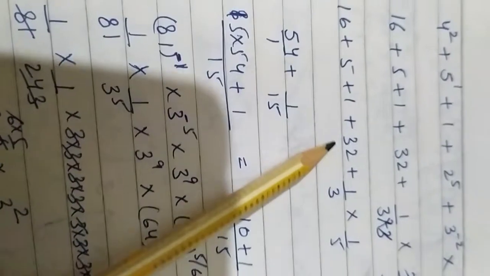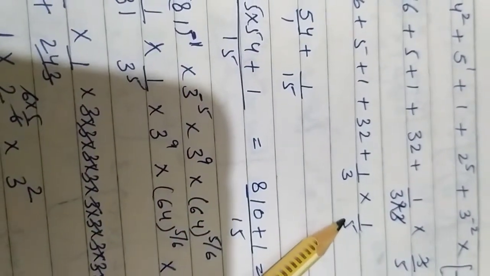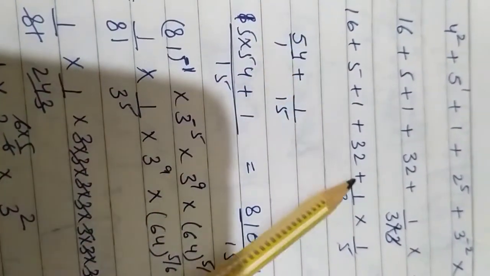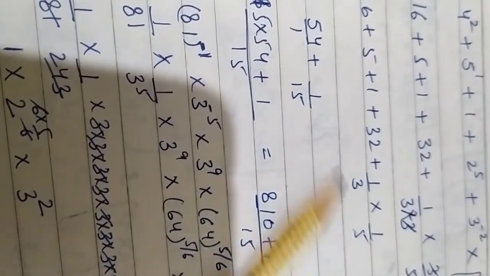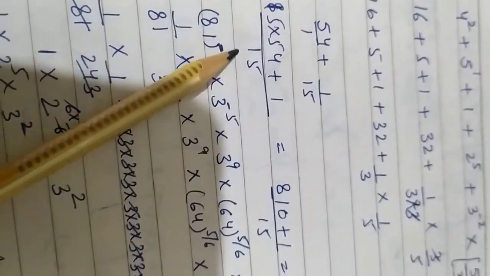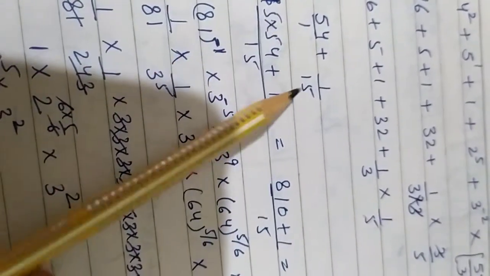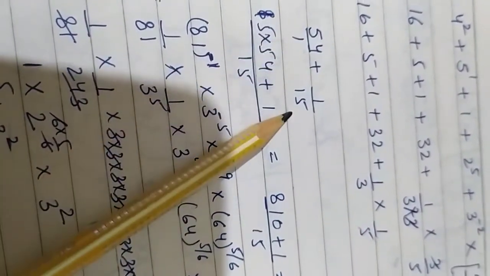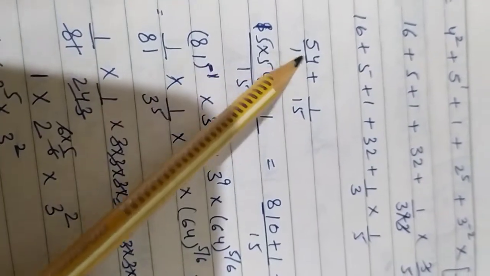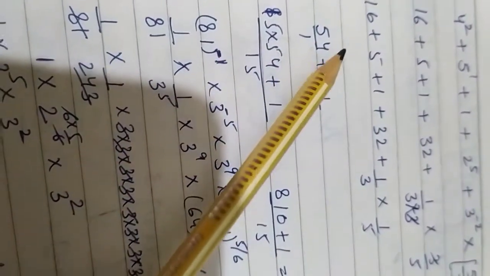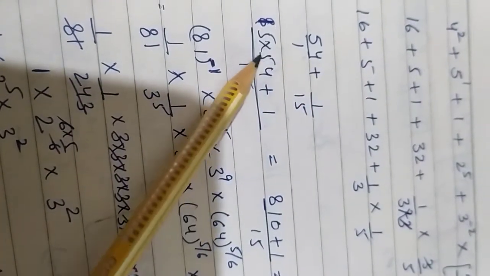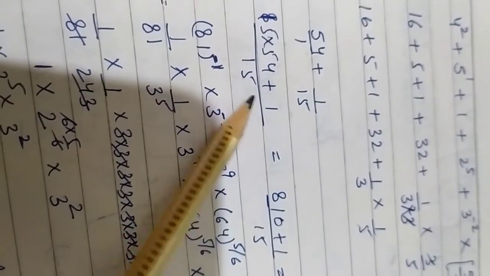So these are all in plus and this is in multiplication, so we will add these all. This is 54, and this 1 upon 3 into 5 is 1 upon 15. Now we will take the LCM. The LCM of 1 and 15 is 15. When we divide 15 by 1 it is 15, then multiplied by 54 plus 1.